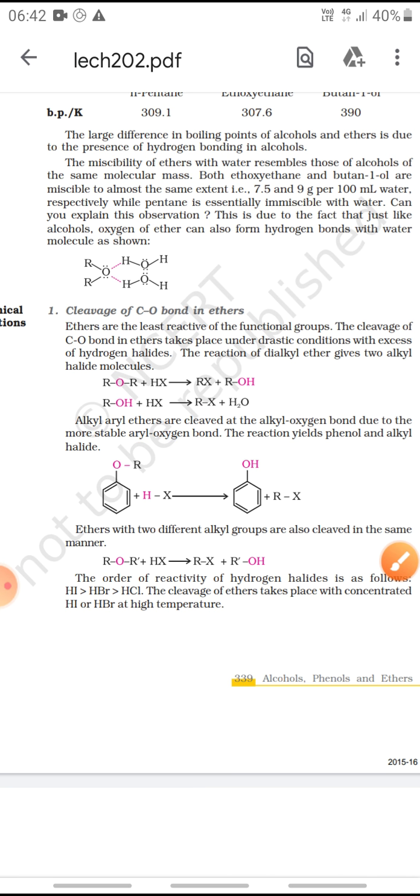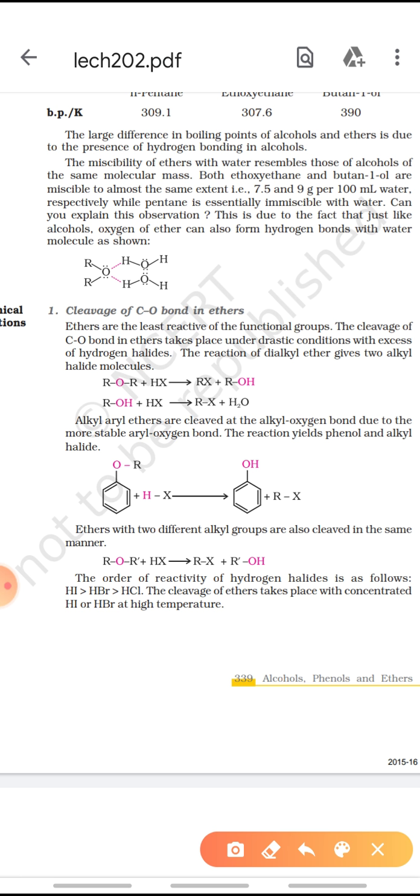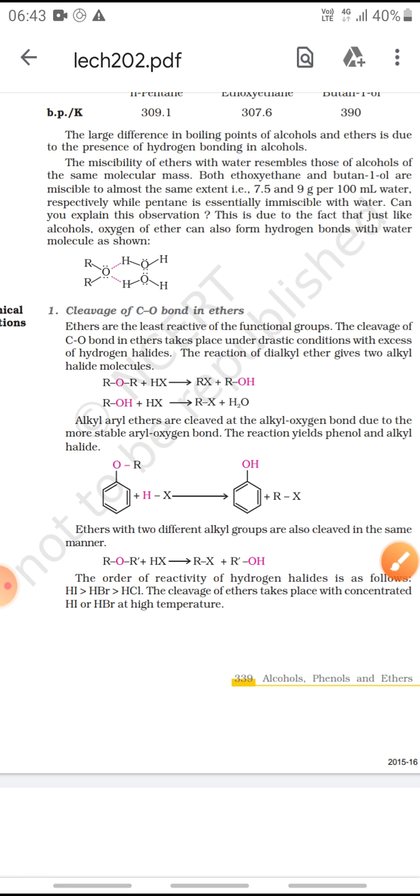The bond between carbon and oxygen in ethers breaks only under drastic conditions and with excess hydrogen halide. That means when ethers react with hydrogen halide, they result in the formation of an alcohol and an alkyl halide molecule. The same reaction in the case of alcohols was much easier.